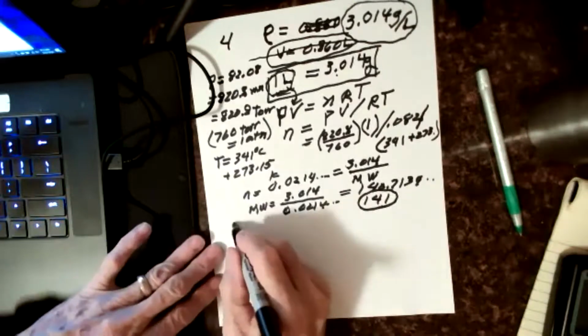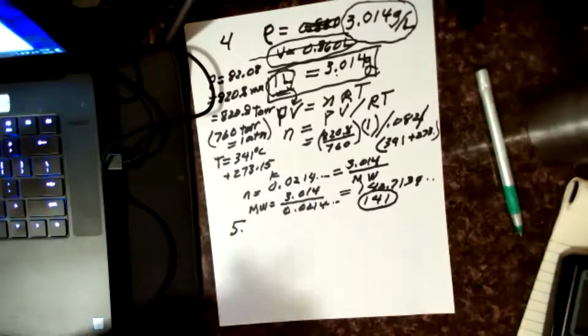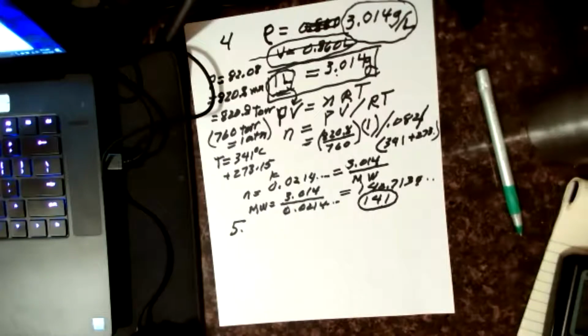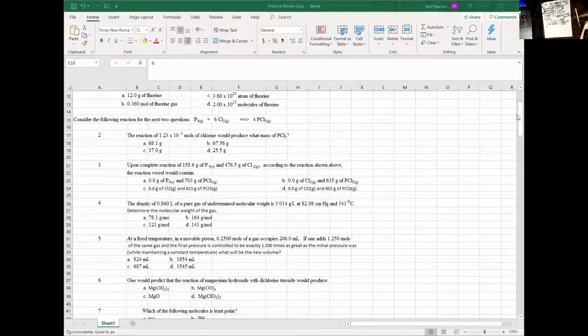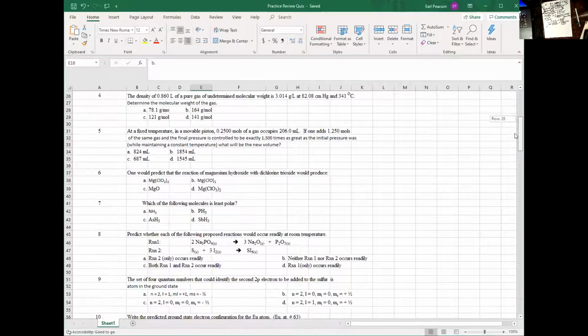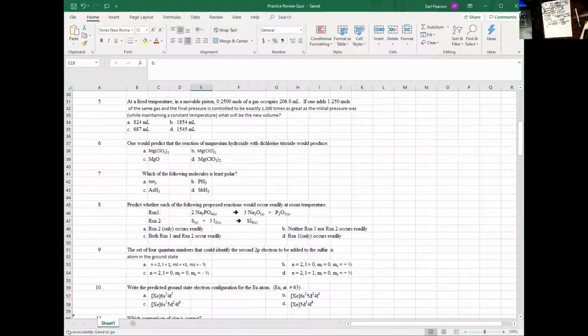All right, let's look at number 5. Okay, I will do the screen share so you can take a look at it too. All right, we're at number 5. At a fixed temperature in a movable piston, 0.25 moles of a gas occupies 206.0 milliliters.